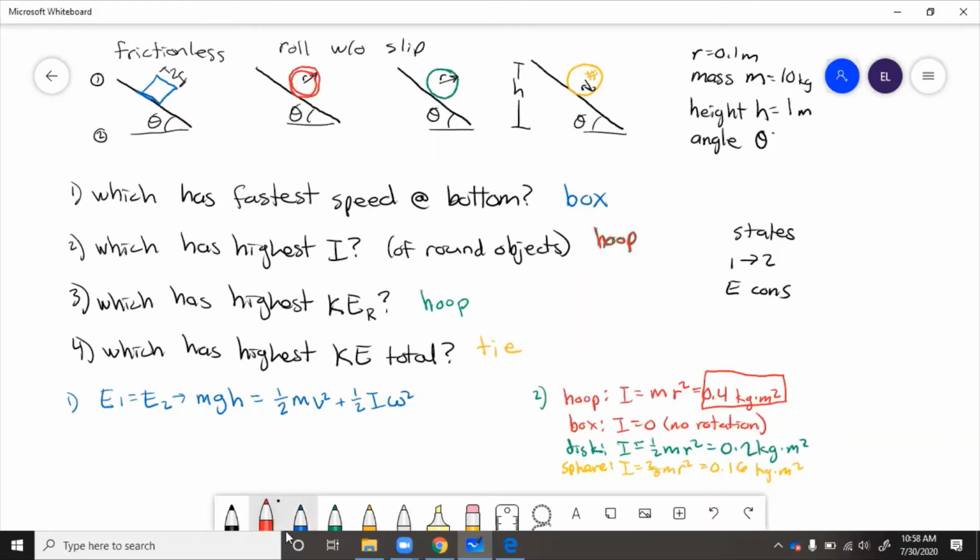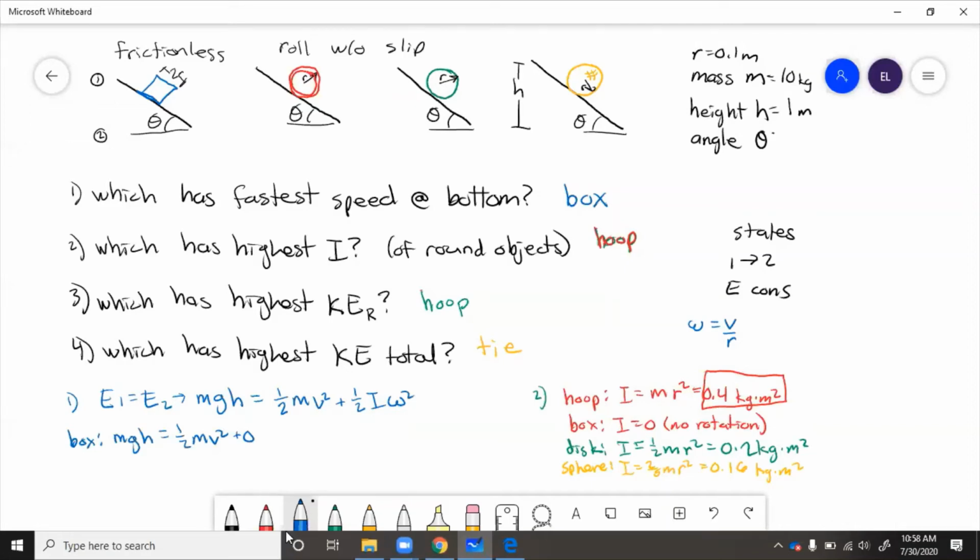Okay, so now we also need to get rid of the omega and change everything to v. So we know that omega equals v over r. Okay, so we'll use that in here. So we'll have, for the box, mgh equals 1/2 mv squared plus 0, because the box does not have any rotation.